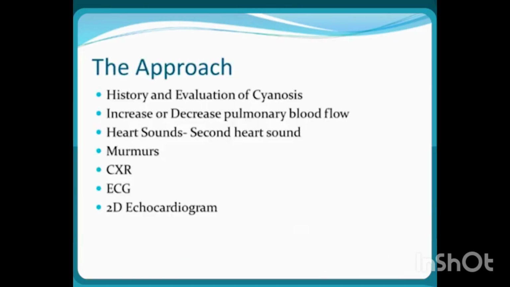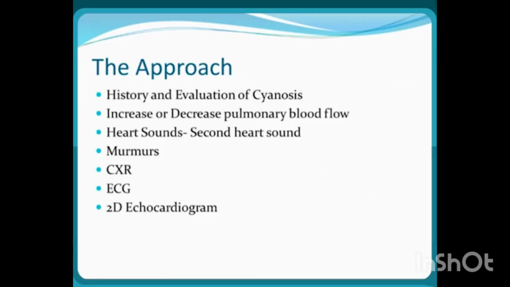So to conclude, the approach to a cyanotic CHD patient, you have to have a comprehensive approach to the child. In this we have all discussed the history and evaluation of the cyanosis. That is the most important thing. Then you have to see for the increase and decrease in the pulmonary blood flow. Accordingly you classify the condition, and then you have to listen to the heart sound, second heart sound, and murmur, and then evaluate the chest X-ray, ECG, and finally the 2D echocardiogram.